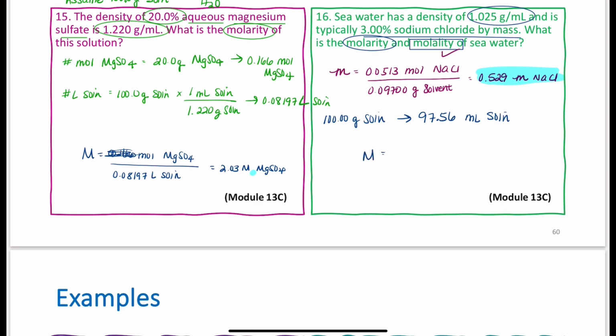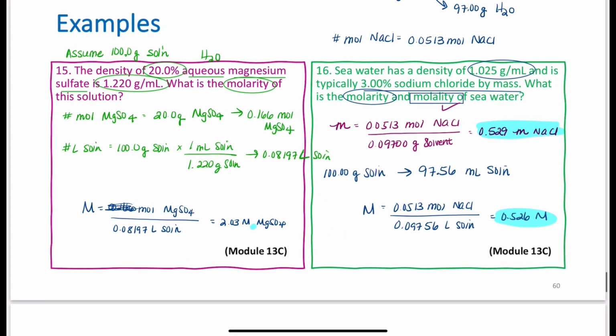So my molarity, 0.0513 moles of NaCl divided by 0.09756 liters of solution gives me 0.526 molar.